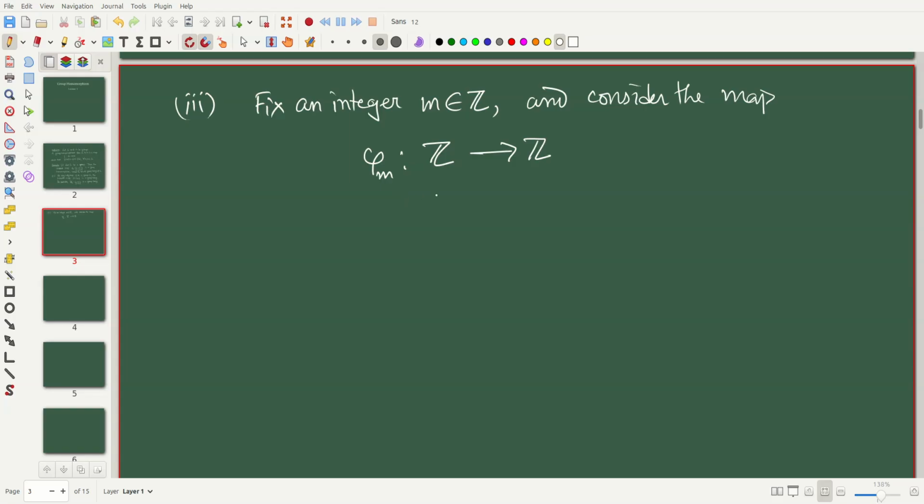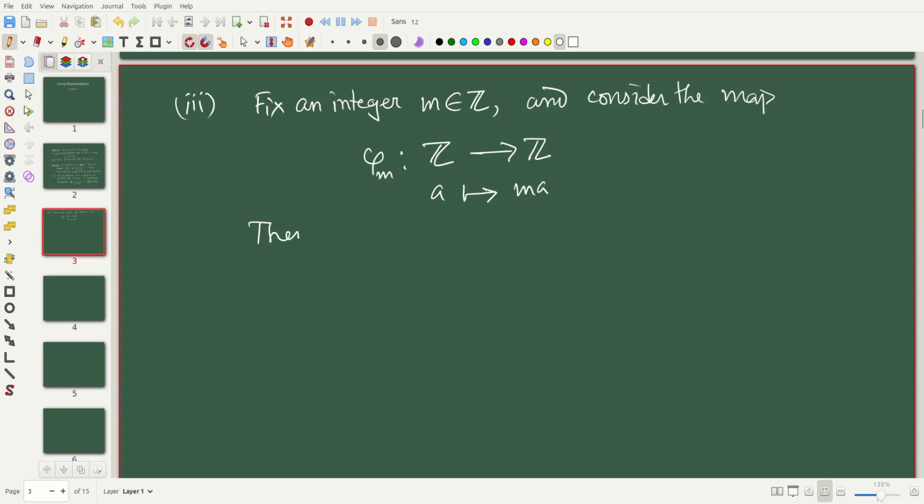So we define a map phi m sending any integer a to ma. Here m times a is the addition of a with itself m times if m is positive; if m is negative, it means the addition of minus a with itself |m| times; and if m is 0, this is 0.